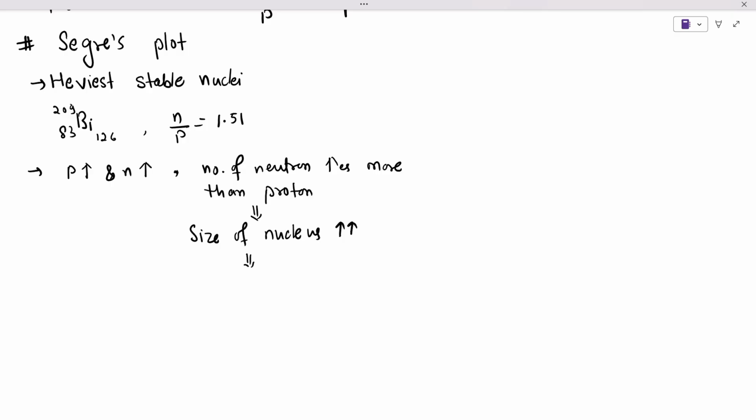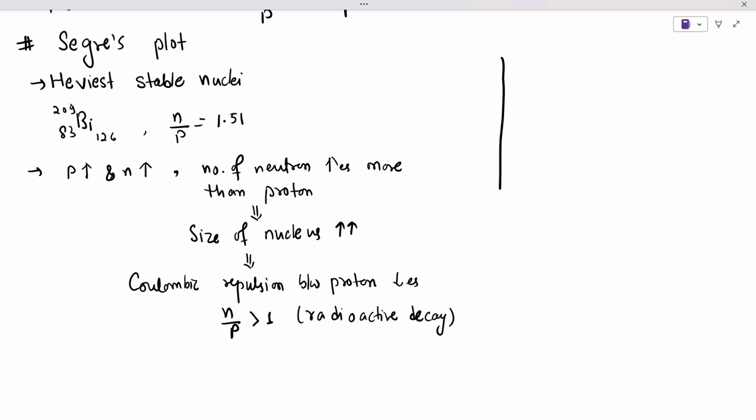If size of nucleus increases, then Coulombic repulsion between protons decreases and neutron by proton ratio increases. In that case, this is the condition of radioactive decay.